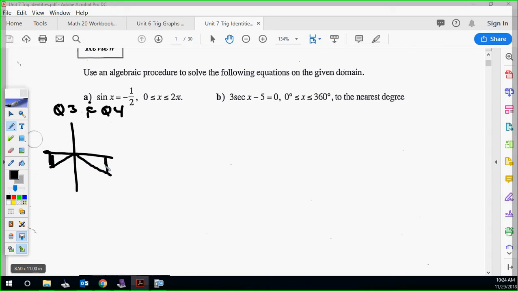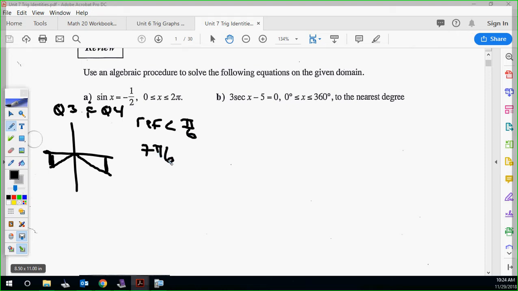So the reference angle is pi over 6. It's the 30-degree cut. So pi over 6, right here, that means our answers of where sine is -1/2 is what?